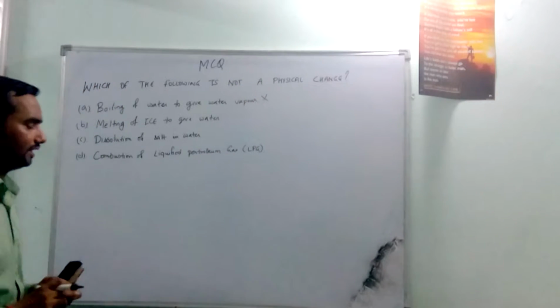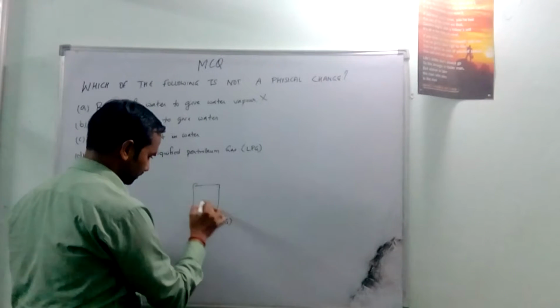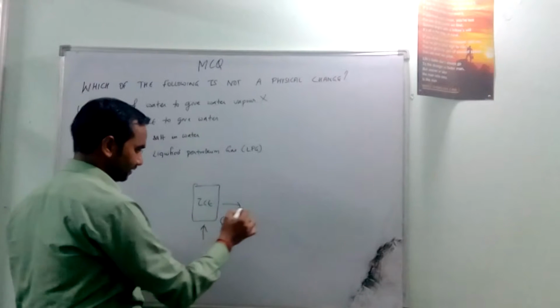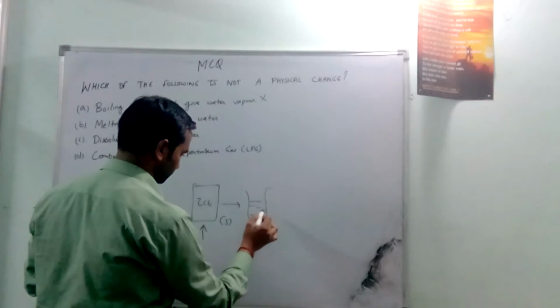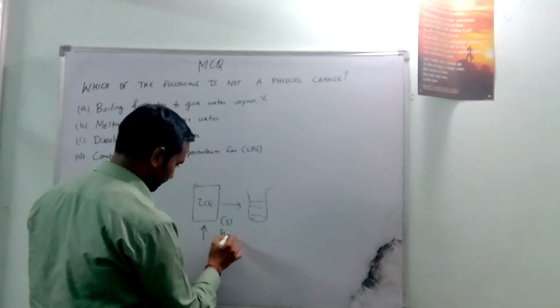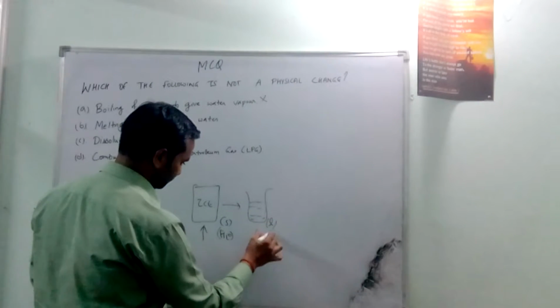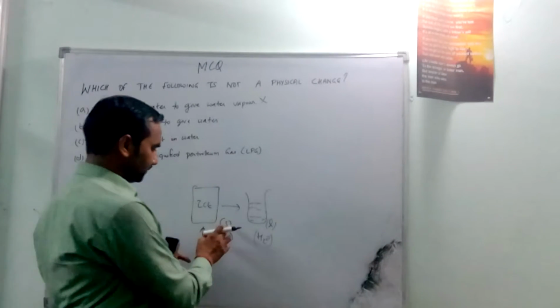Okay. The second is melting of ice. When ice is in the form of solid, on heating it changes into water. So this is your solid form of water, H2O, and this is your liquid form of water, H2O. Here also the change is totally physical.